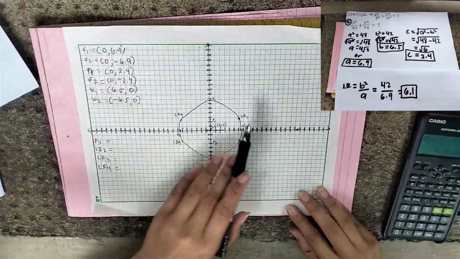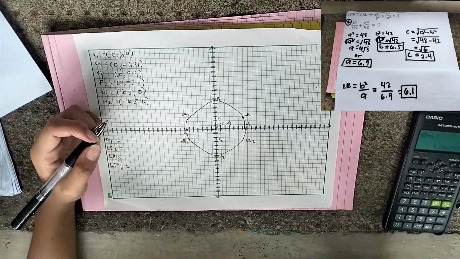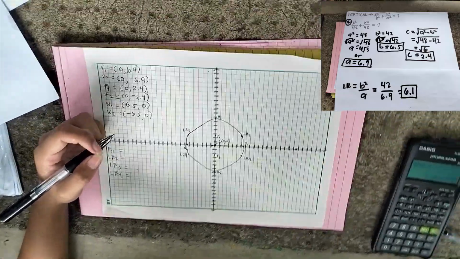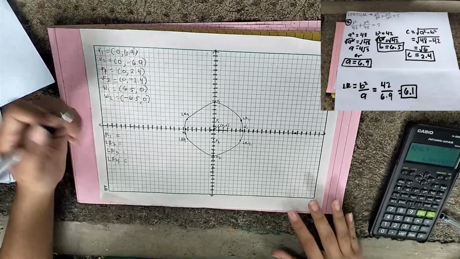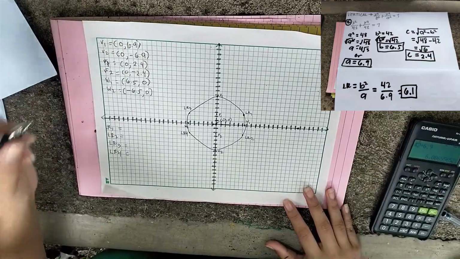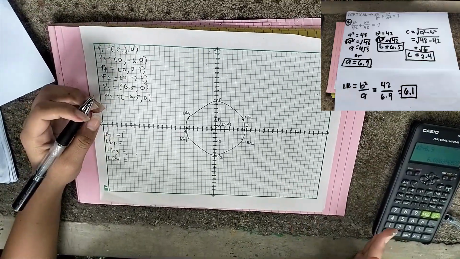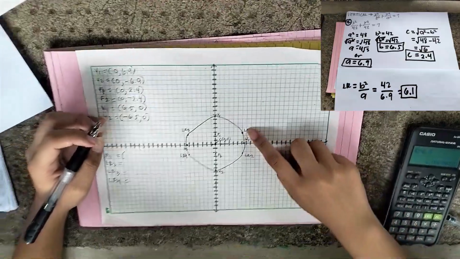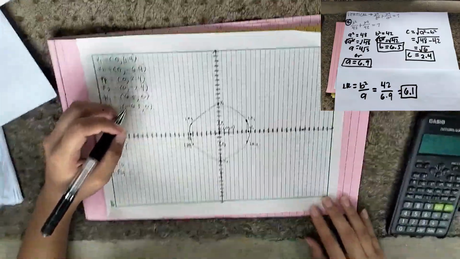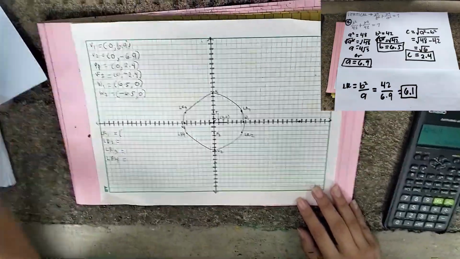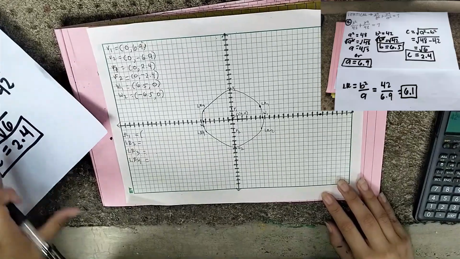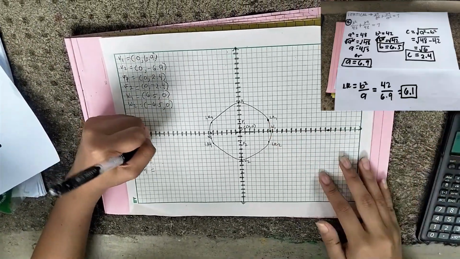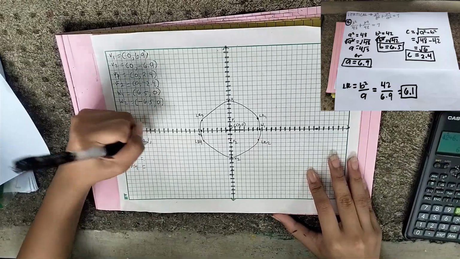So we have latus rectum 1, and it is always aligned with our focus. So we already know that our focus is in the y-intercept, so we're gonna have to put the value of that last. So first, our LR was 6.1. So since it's in the right side, it's positive, so 6.1.